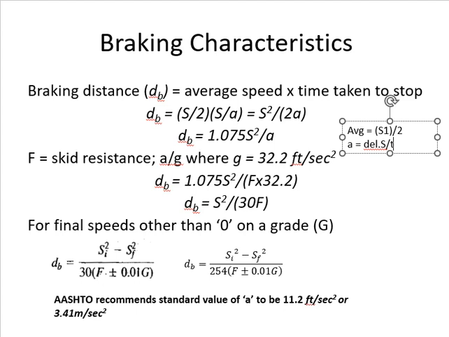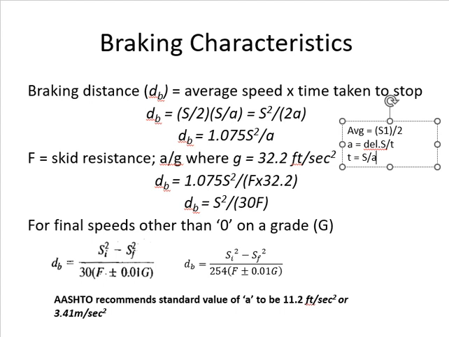But the other one is 0, so this will be only s1. It was s1 minus s2, and s2 is 0. Upon time. So time equals to what now? S over A. Yes, s over a.